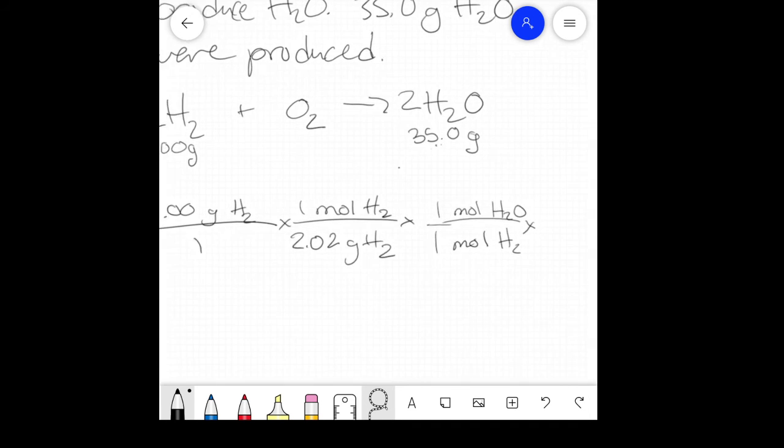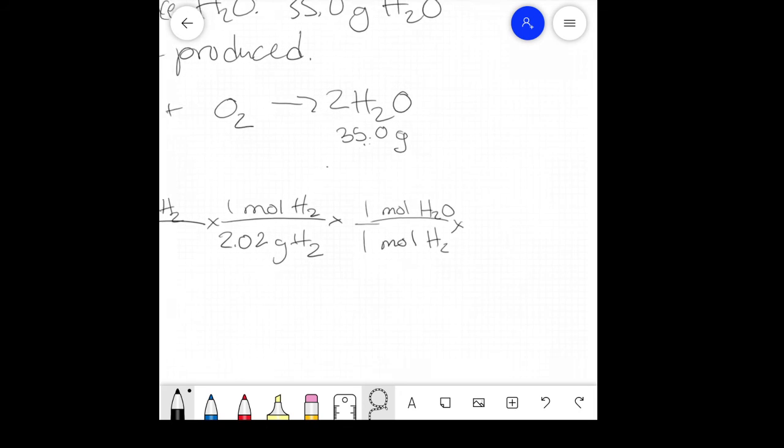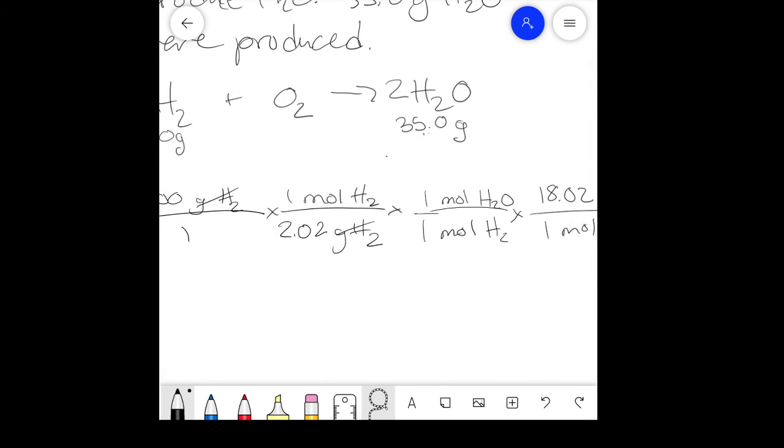And then we have the pattern going: we have our molar ratio, then the grams of what we're trying to find over the moles of what we're trying to find. As you can see, everything crosses out.